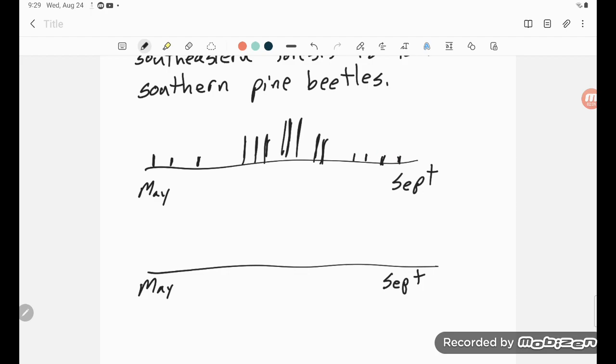But there's the new infestations in one year, and another year they may have a similar shape but be much bigger.